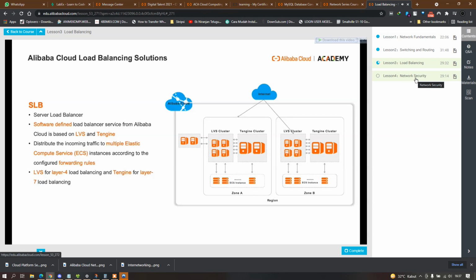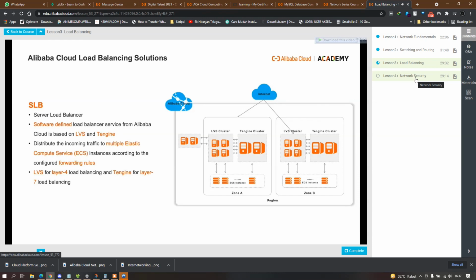SLB will distribute the incoming traffic to multiple Elastic Compute Service (ECS) instances according to the configured forwarding rules. This is the same as a traditional load balancer, which is used to receive incoming traffic and then distribute it to the backend servers.